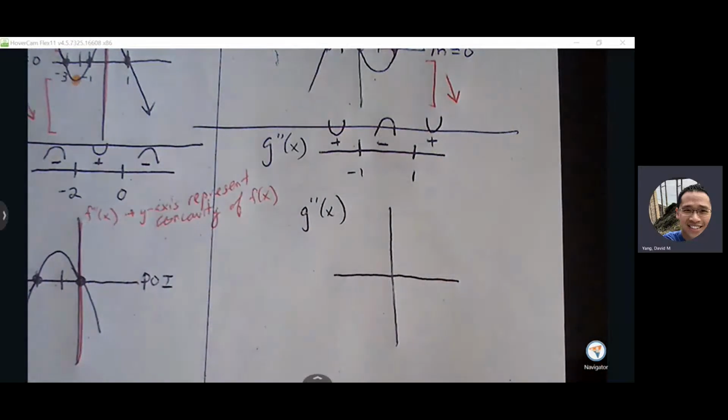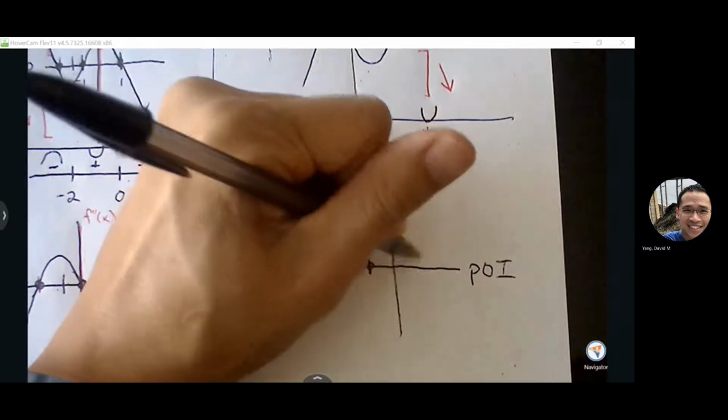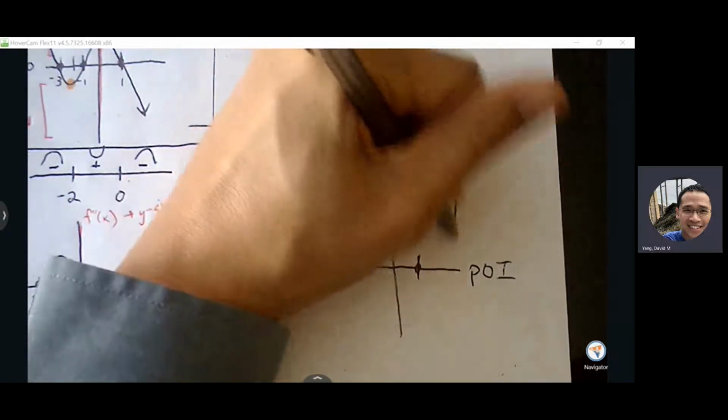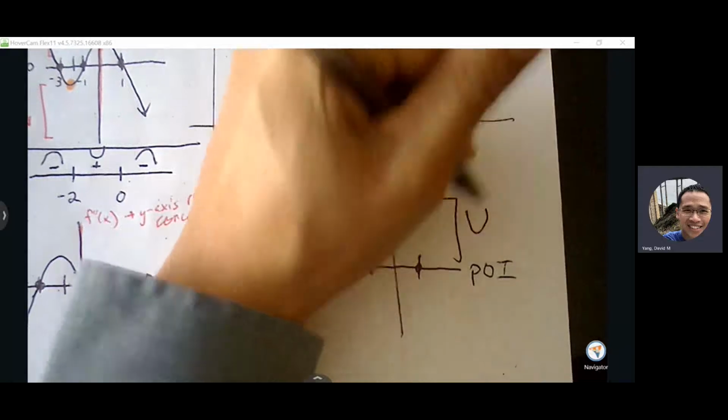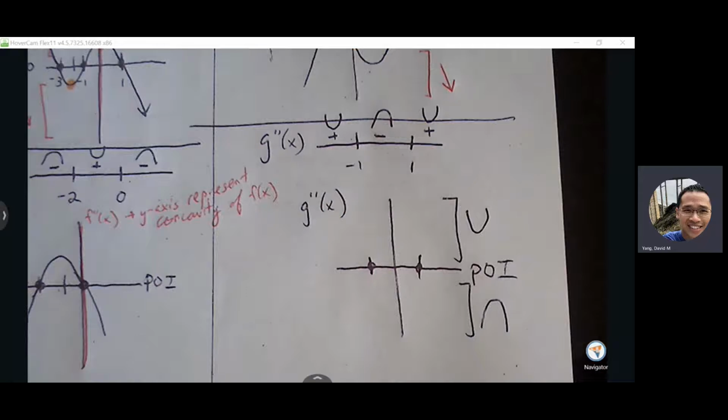What can we put onto our x-axis? Yep, these are points of inflection. POIs go directly on your x-axis. Let's label what we're dealing with here. Second derivative, anything above is concave up. Anything below is where my original graph is going to be experiencing concave down.